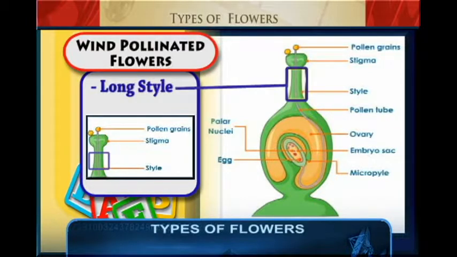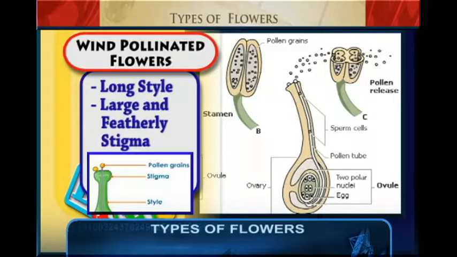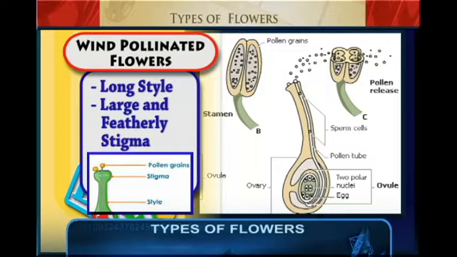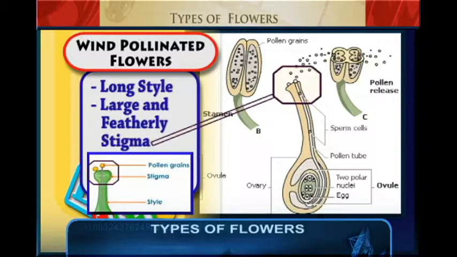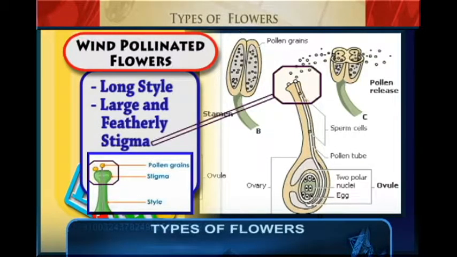They have a large and feathery stigma. The stigma of a wind pollinated flower is large to give a wide surface area for the dropping of the pollen grains, and it is feathery also to attach or get hold of the pollen grains that land on it.